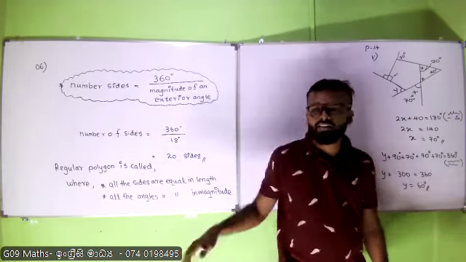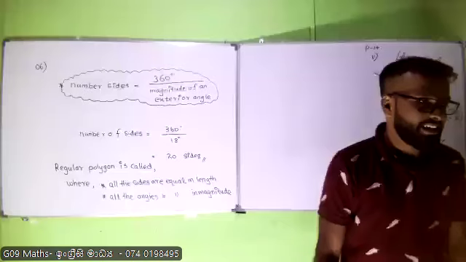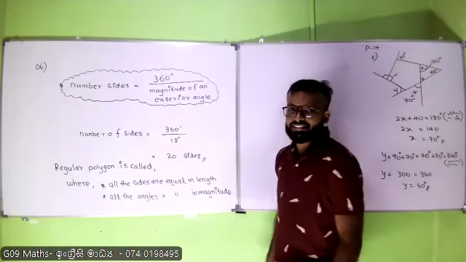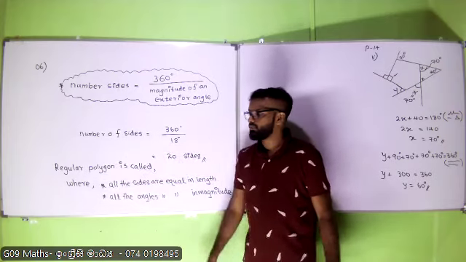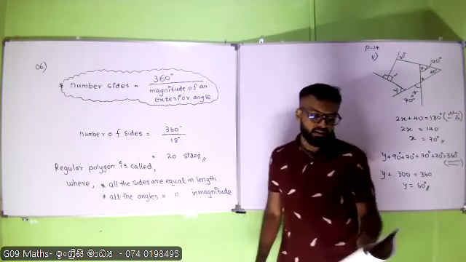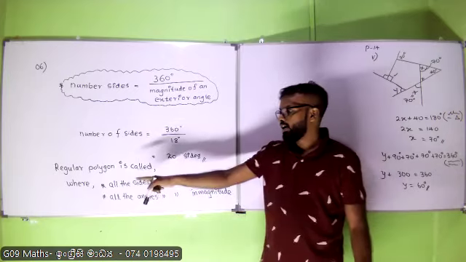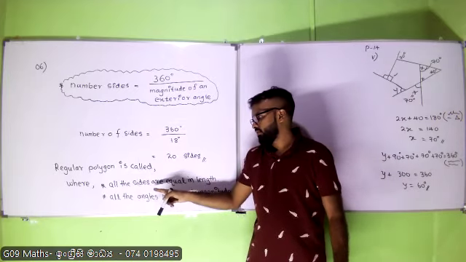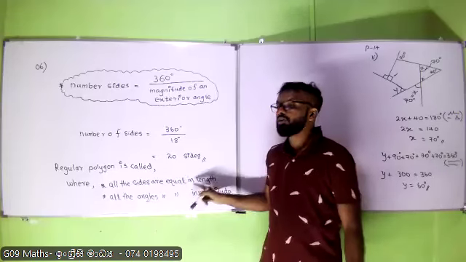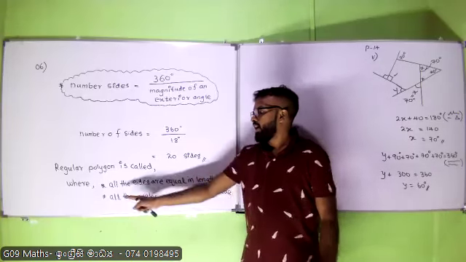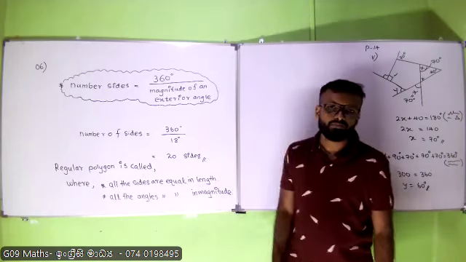If someone has gone off track, that is not regular. Someone who has gone off track, that is the case. So a not regular polygon is called where at least one side is not equal in length, and at least one angle is not equal in magnitude.